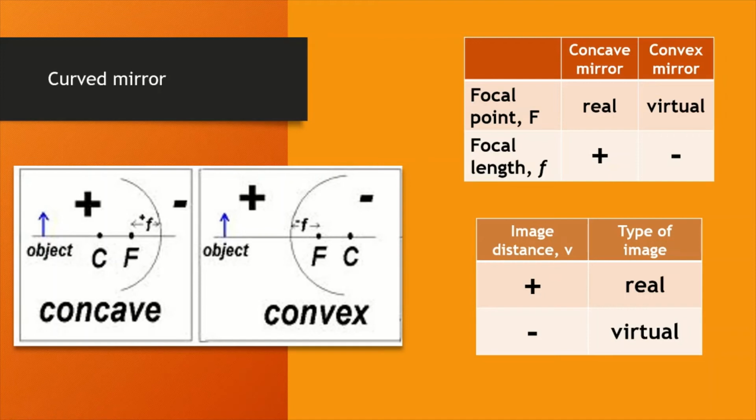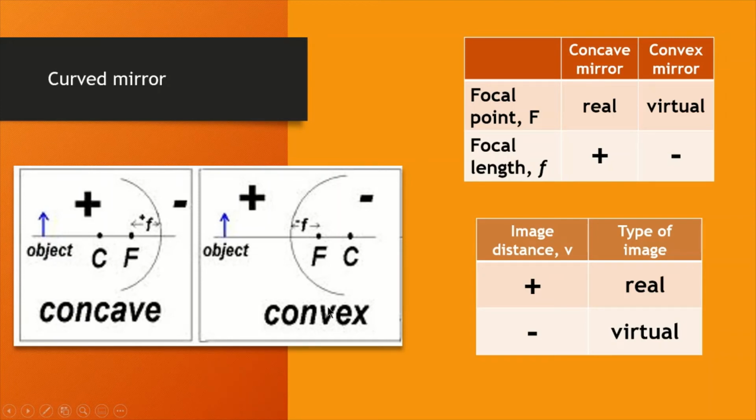If you have forgotten, please refer to the video on concave mirror. So this point we can actually see with our own eyes. It is a real point, so it is positive. Now we give a sign positive.